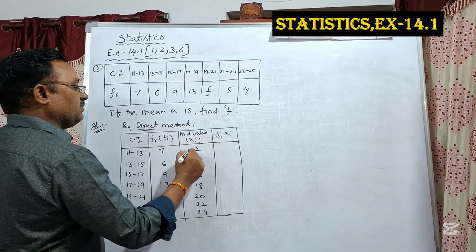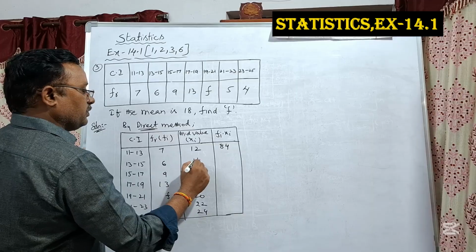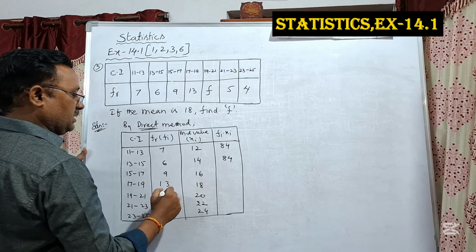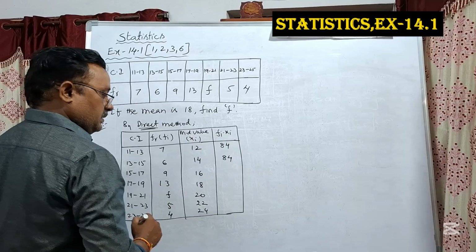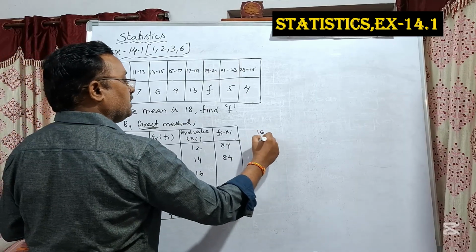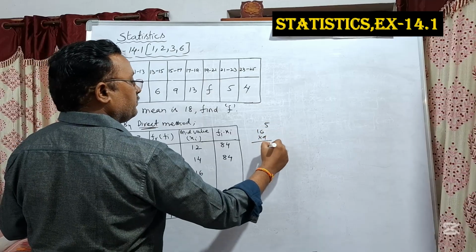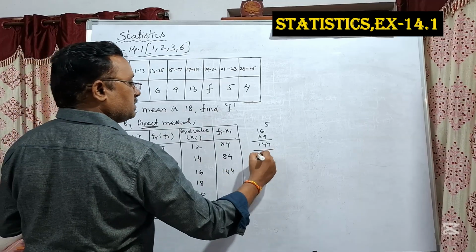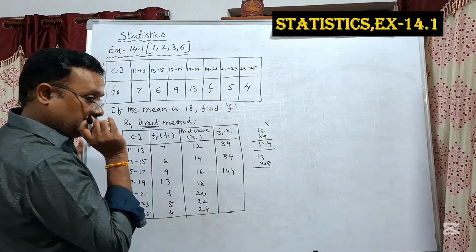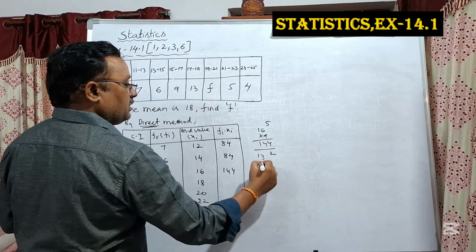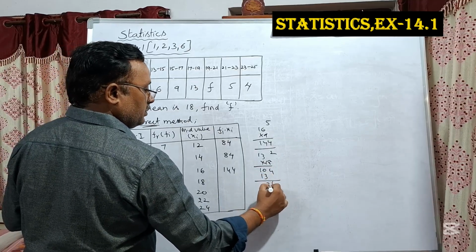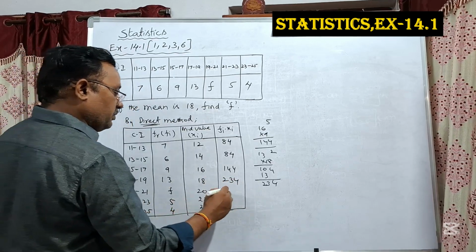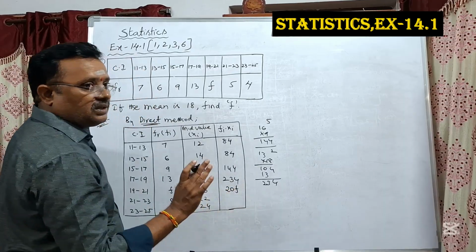Then fi into xi. 7 12s are 84, 6 14s are 84, 9 16s are 144, 13 18s are 234. f into 20 is 20f.